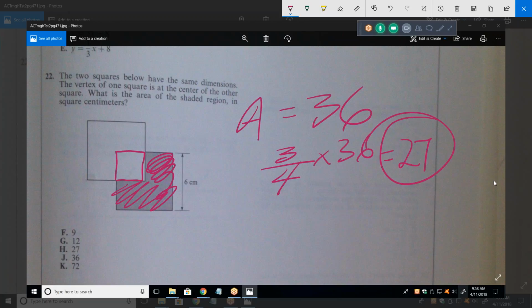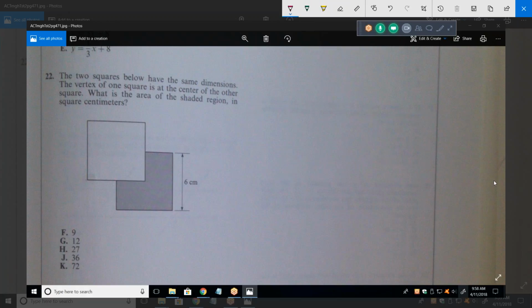Always remember, well, this is maybe the one problem that's not the case. Usually the area of shaded regions is a very common question you're going to get on the test. They are almost always subtraction problems. And this actually was a subtraction problem.